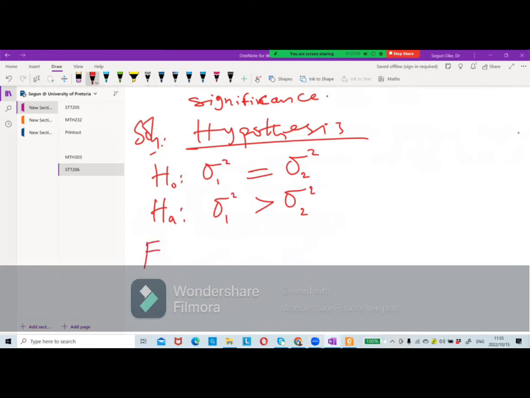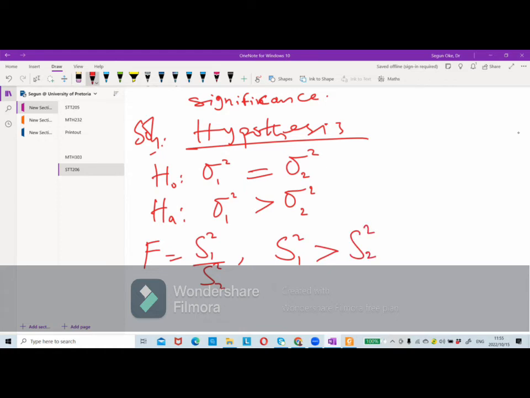F equals S1 squared over S2 squared. Note that S1 squared is always greater than S2 squared.